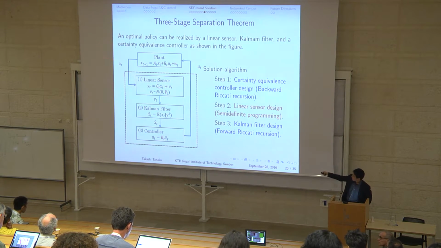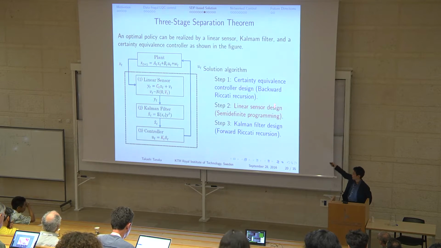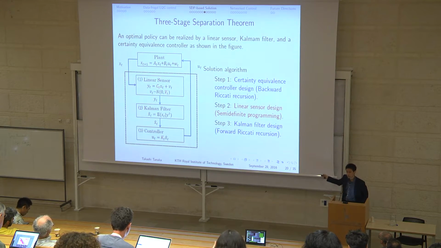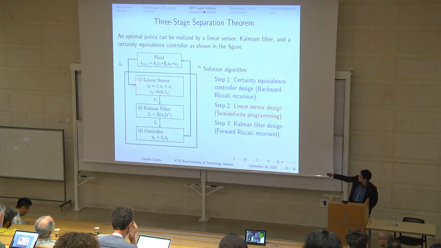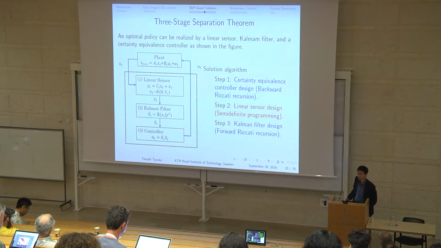And moreover, these three data processing components can be efficiently designed by this numerical procedure. And of course, the interesting thing is that this data selection mechanism can be optimally designed by solving some sort of semidefinite programming.